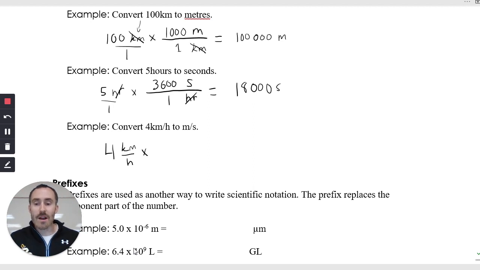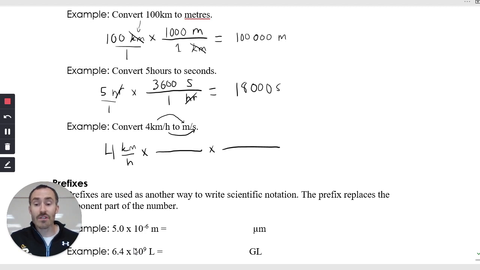So 4 kilometers per hour. I'm going to need to do 2 steps here. I need to change the kilometers to meters, and I need to change the hours to seconds. So this is going to be 2 steps. Let's do the kilometers first, but it really doesn't matter. You can choose whichever one you want. The order does not make a difference.